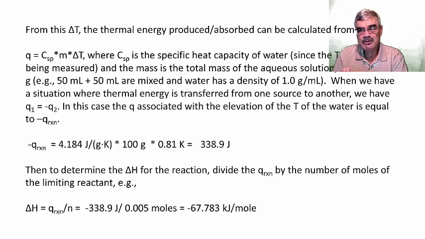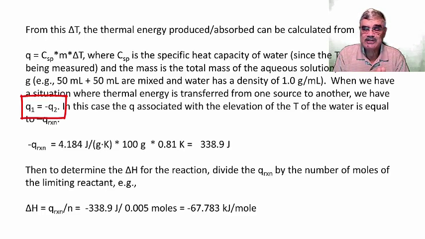Now, Q1 and Q2, we can define either one of these as the reaction and the solvent. Let's say that in this case, Q1 is the solvent, and Q2 is the thermal energy released by the reaction. So Q1 plus Q2 is equal to 0, or in other words, Q1 equals minus Q2.